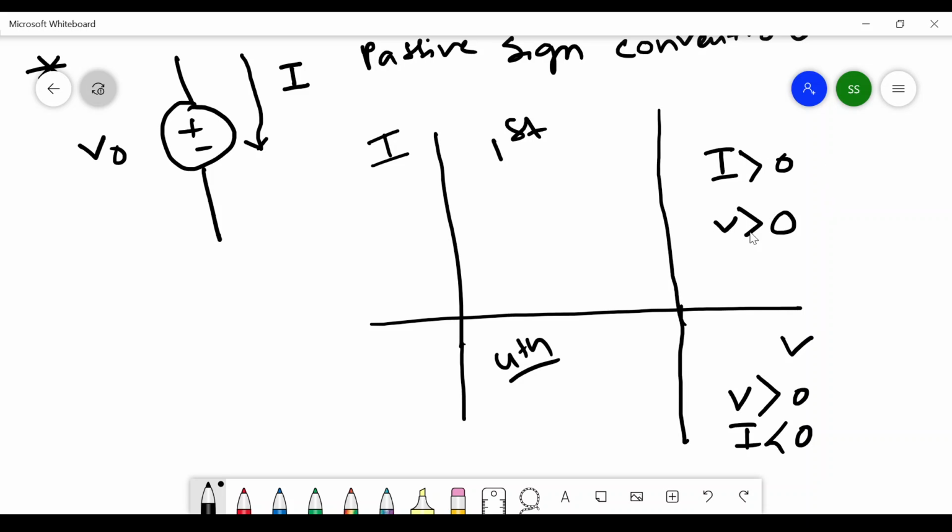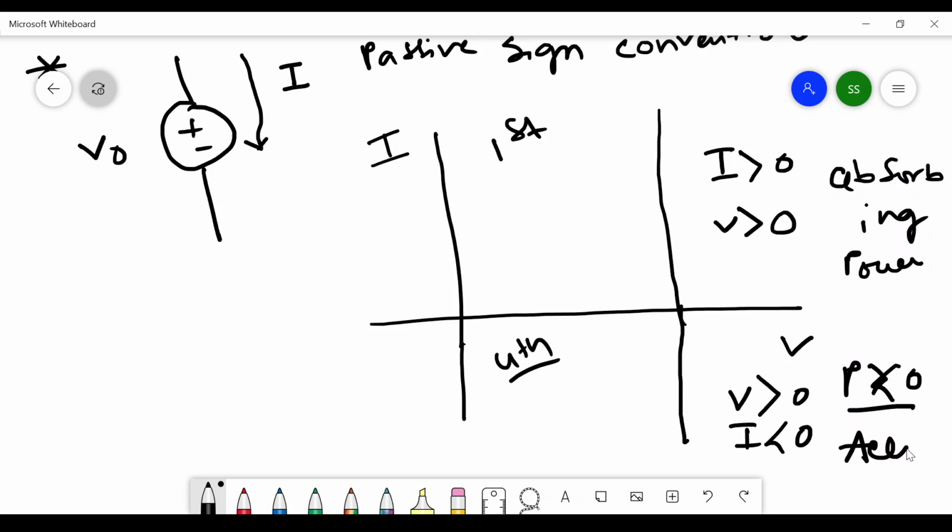Okay, so whenever this falls under this quadrant, it is absorbing power, and whenever P is less than 0, it is an active element.